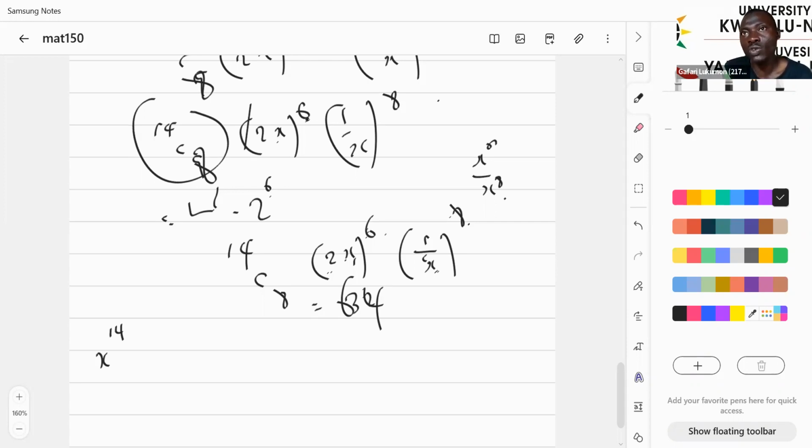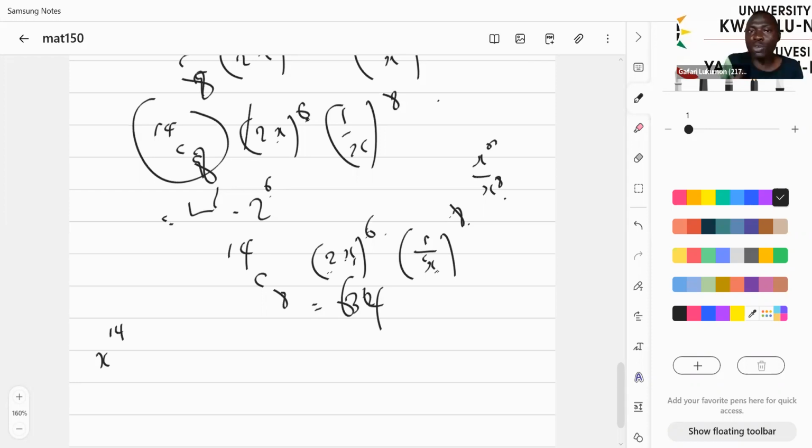What of 12, 2? 12, 2 is not possible as well, because that will only be 10. So 13, 1 is not possible. What of 11, 3? 11, 3 is not possible. Then 10, 4. Yeah, it is 10, 4.